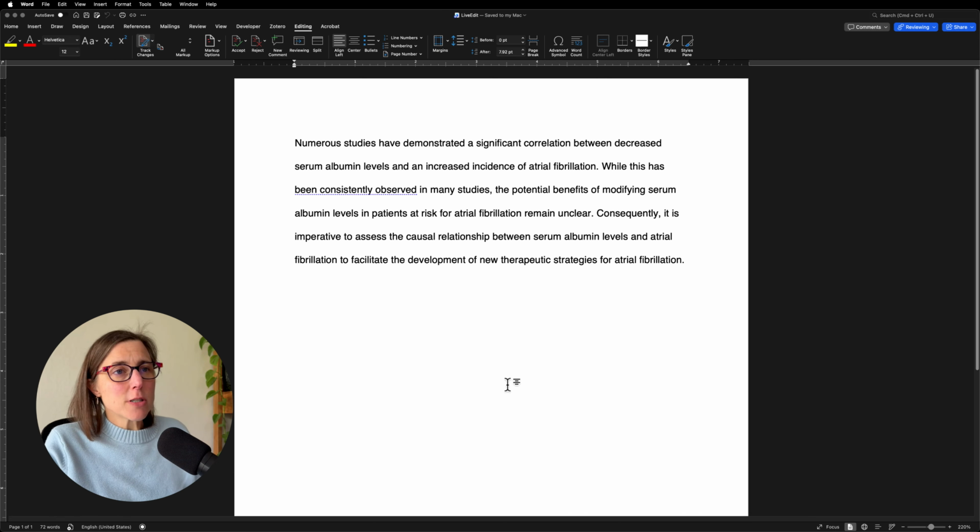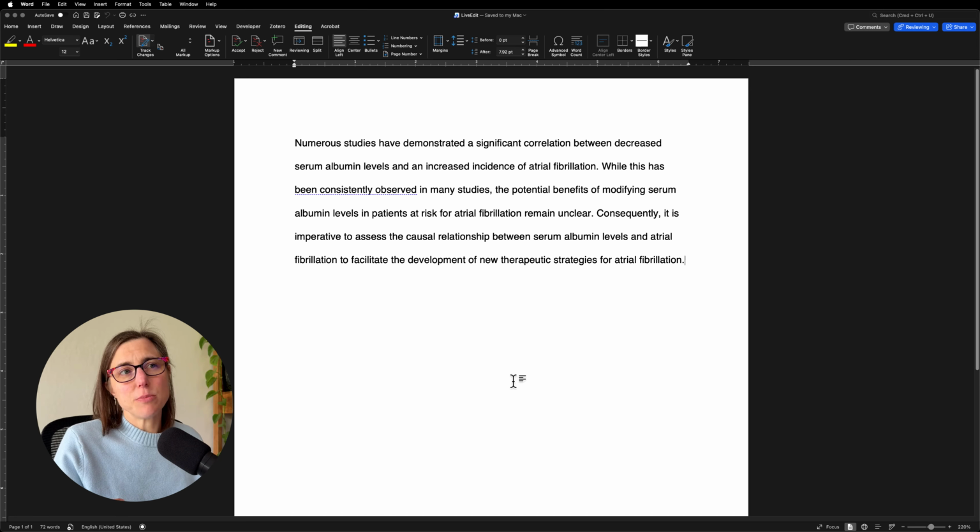So the first thing that I want to point out with this sample is the structure of it. So this is a paragraph, and this paragraph dives right into the details. And I think that it would actually be stronger if it had a topic sentence, and that would help to guide the reader into the details.